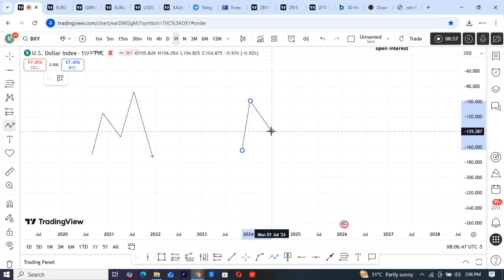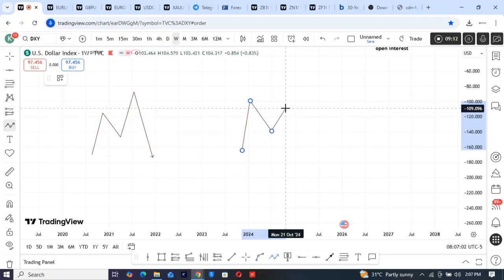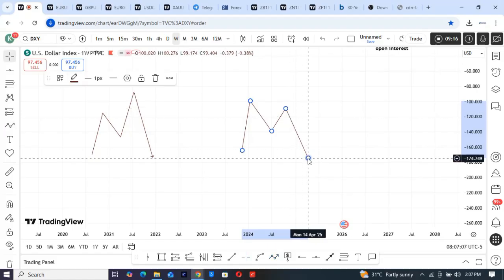Or for instance, between correlated assets: BTC and Ethereum, the dollar and the euro, the dollar and the pound, Aussie dollar, New Zealand dollar, Aussie yen, New Zealand yen, as long as they are intercorrelated. So now we see institutional price swing.